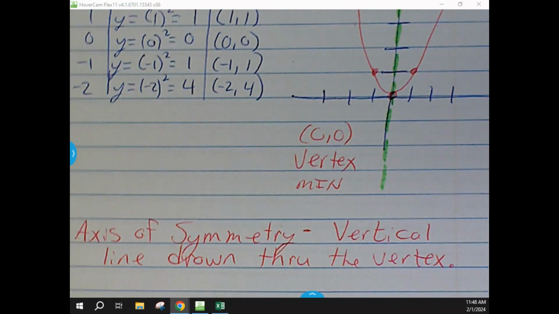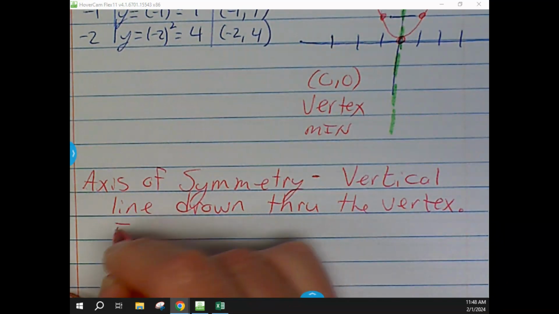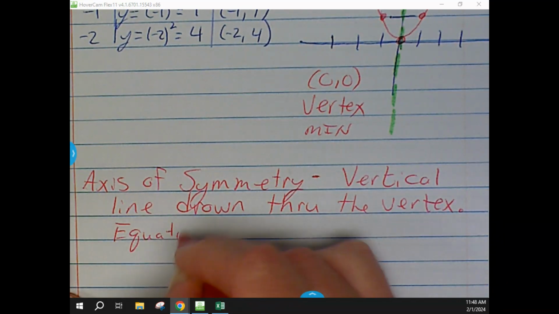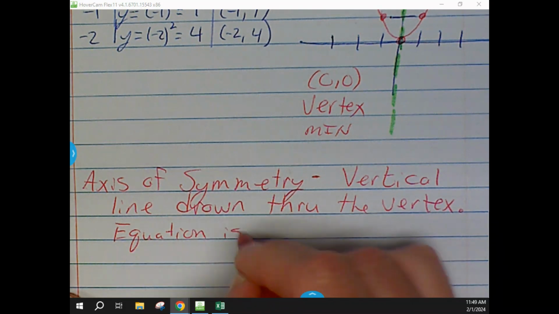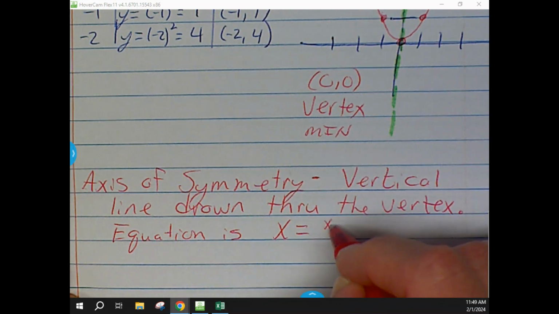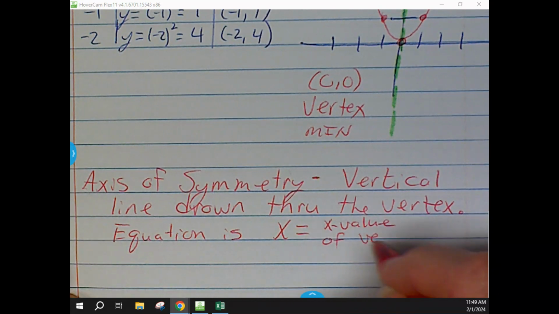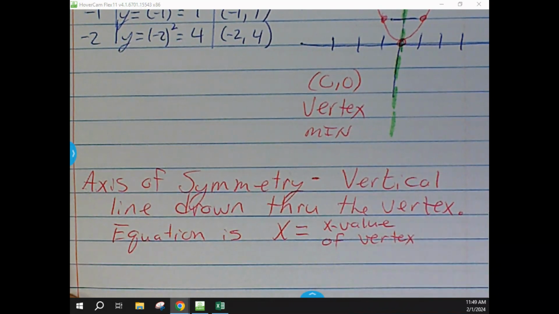Okay, now here's the other good thing with this one: they're always going to want an equation of this line. The equation is always x equals, and it's always the x value of the vertex. Whenever you find your vertex, whatever this number is here would go here.